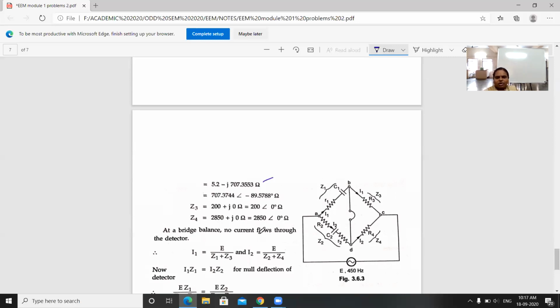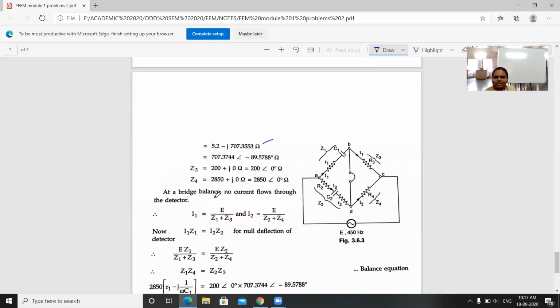At a bridge balance, no current flows through the galvanometer. Based on that, I can write I1 is equal to the voltage divided by Z1 and Z3, which will be in series. For that reason, E divided by Z1 plus Z3, and across I2, that is going to be taken as E divided by Z2 plus Z4.